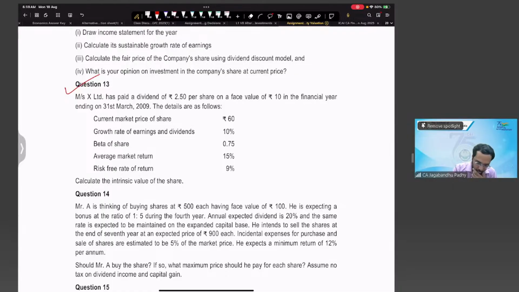It has paid a dividend of 2.5 per share on face value of 10 in the financial year. The details are given: current market price, growth rate of dividend and earnings, beta, average market return, and risk-free rate of return. You have to calculate the intrinsic value of the share.